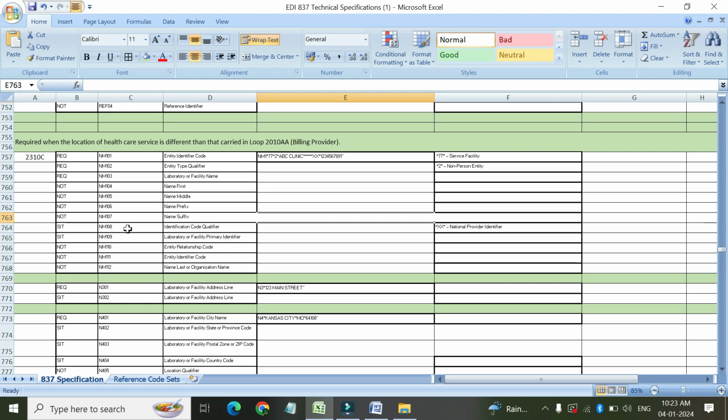And again the 8th element will contain XX for National Provider Identifier. So even service facilities have the NPI, because remember guys, each and every provider will have NPI, and service facility is also a provider, so that will have something called group NPI. There are two types of NPIs: individual NPI assigned to individuals and group NPIs assigned to organizations.